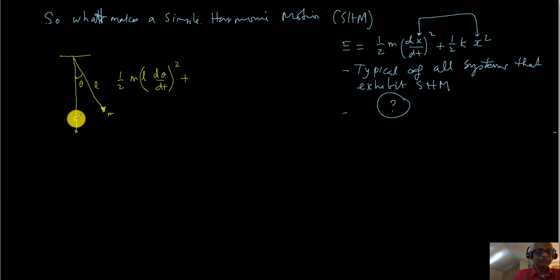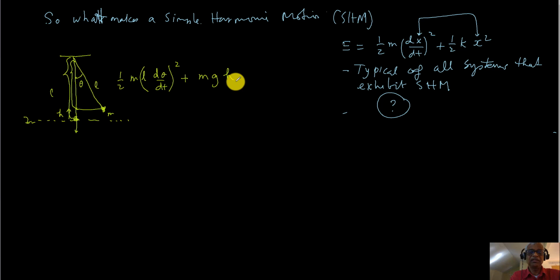Potential energy will be, well, let's see, this is the reference 0. Then we need to figure out this height, plus mgh. What is h? The whole thing is L, and we subtract L cosine theta.